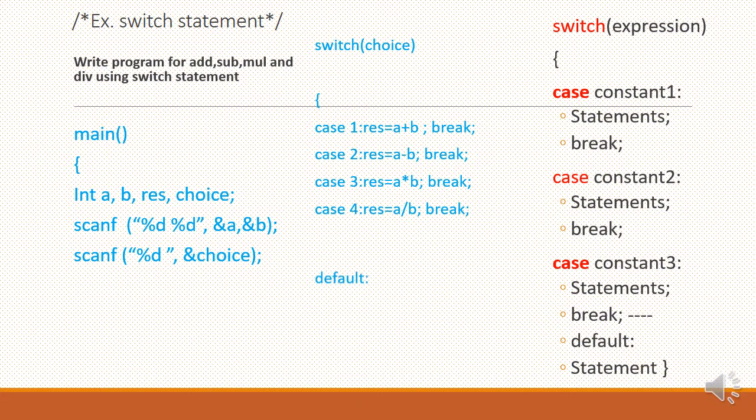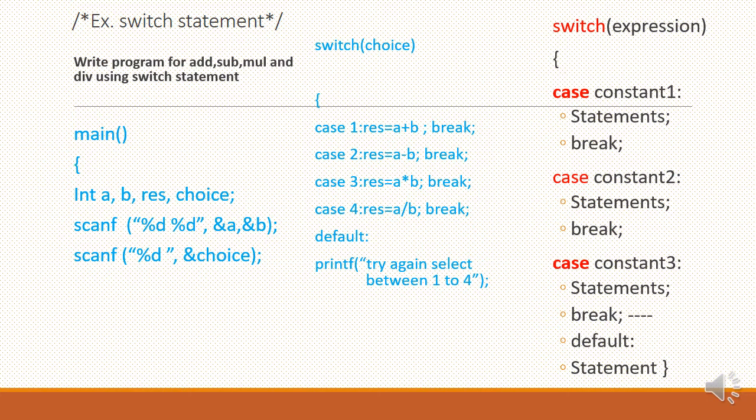After this, another one I want to write, that is default. Default is also a keyword. In the default, I am writing printf, try again, select between 1 to 4. That means if I have pressed 5, then no cases are equal, and it exits from the switch statement.